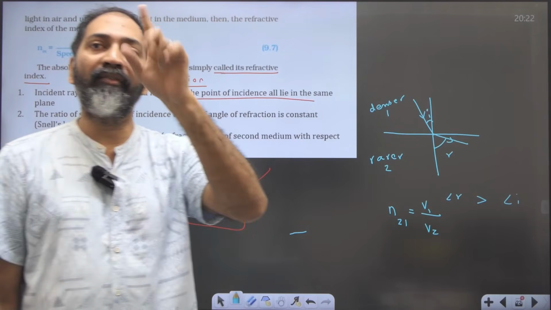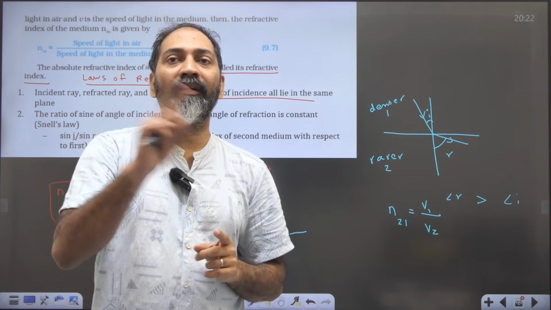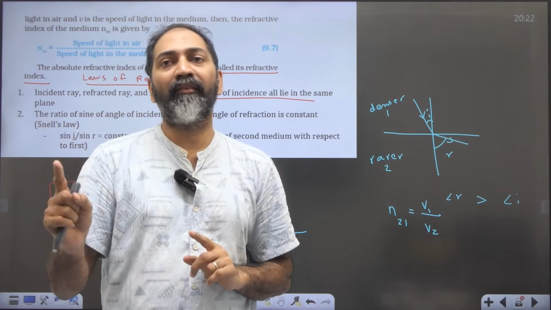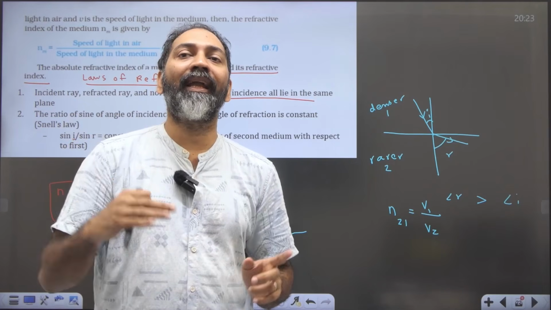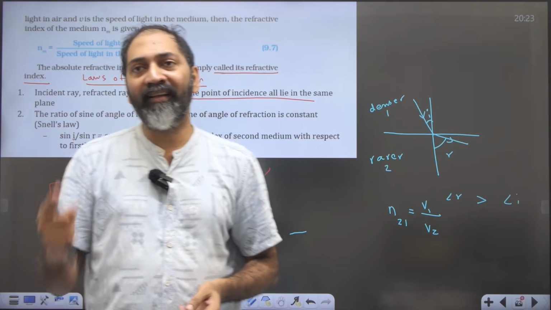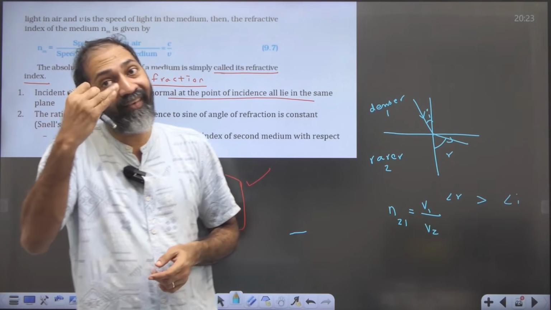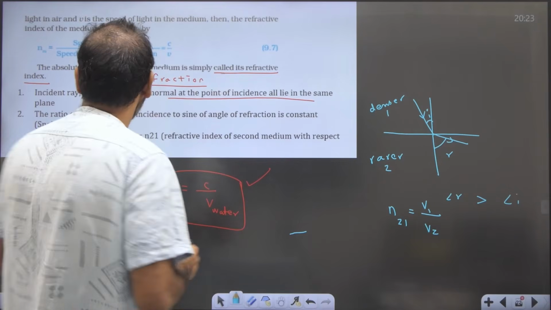So one law is the same for both reflection and refraction. What is that? Incident ray, refracted ray, and normal should lie on the same plane in the law of refraction. In the law of reflection, incident ray, reflected ray, and normal all should lie on the same plane.